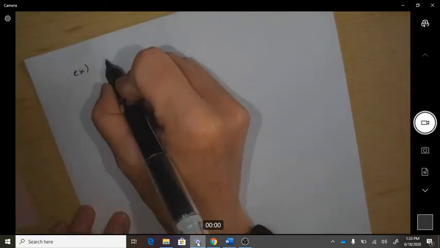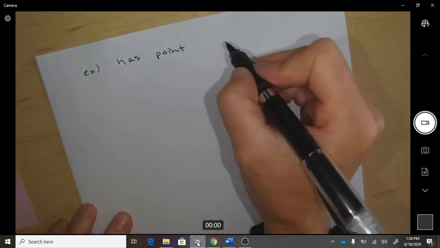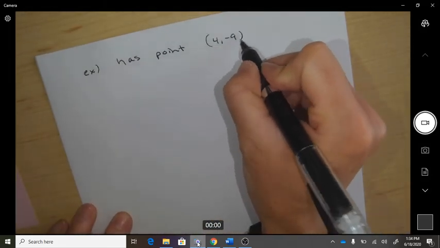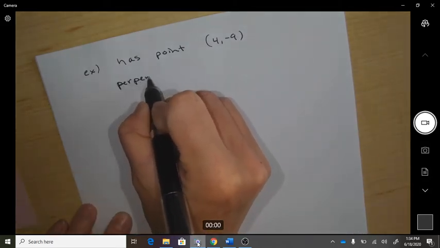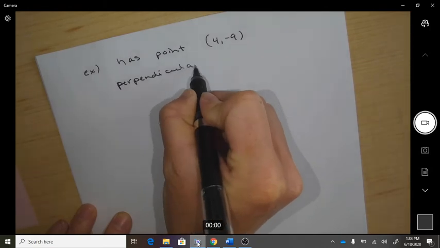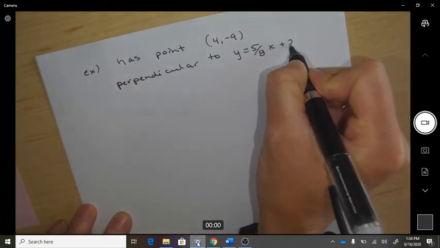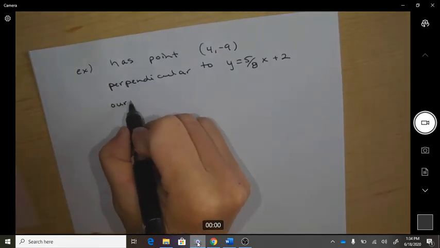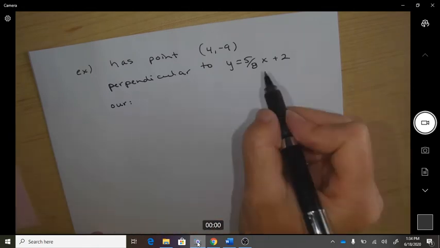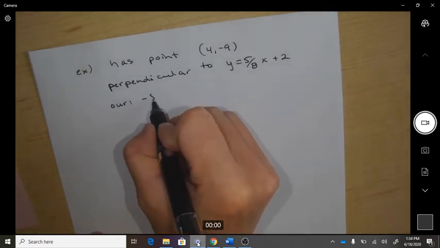Okay, our line has a point 4, -9. It's perpendicular to this line. So what does our line have for a slope? So negative reciprocal because it's perpendicular.